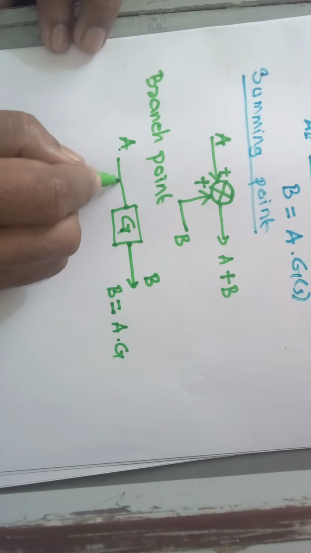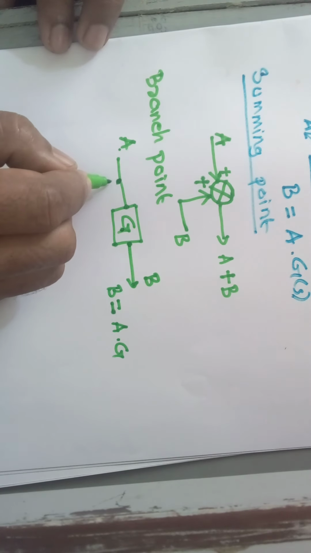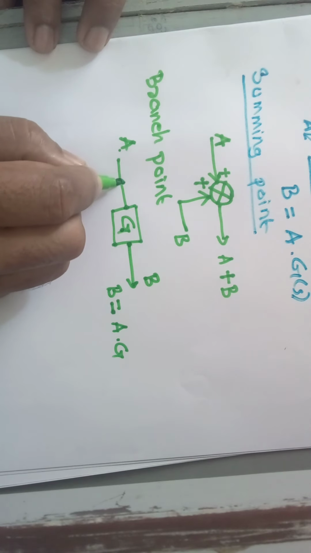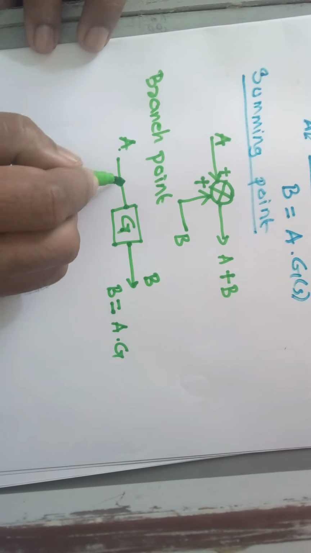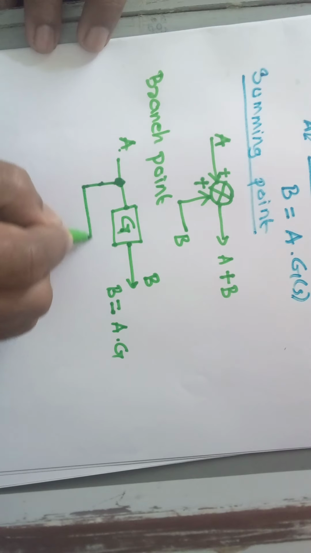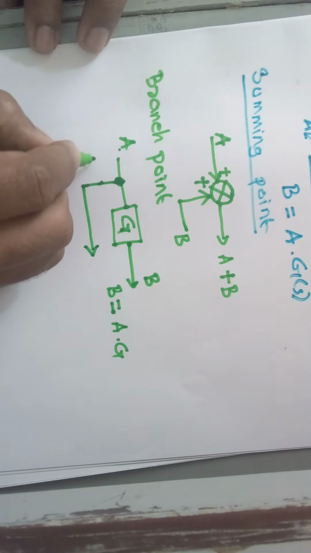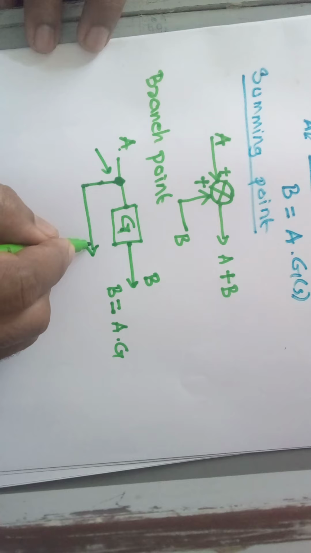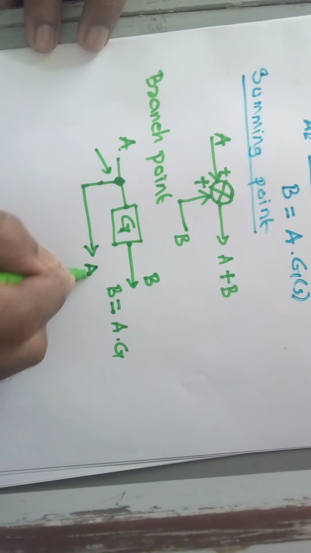Now suppose you want to apply the same input to some other blocks, then you can tap this input like this. So now the signal through this line is also equal to A, is it?